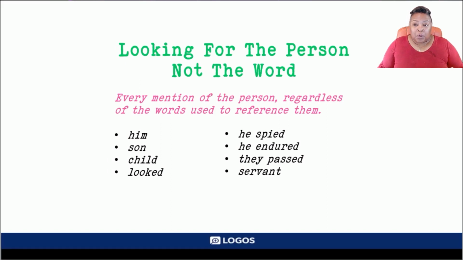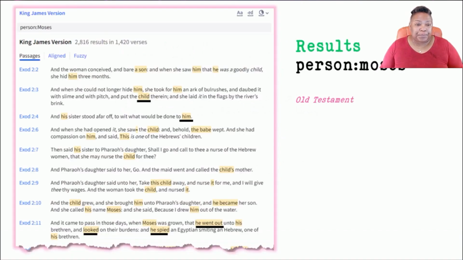For example, if him is referring to Moses, then you will get that in the search results. If son is referring to Moses, if the child Moses or Moses looked at something, he spied, he endured, they passed, servant, all of those are referring to Moses, then those are the verses that will be returned.